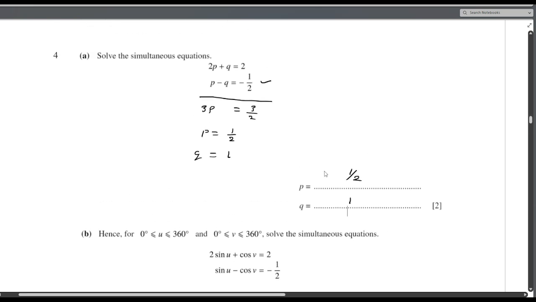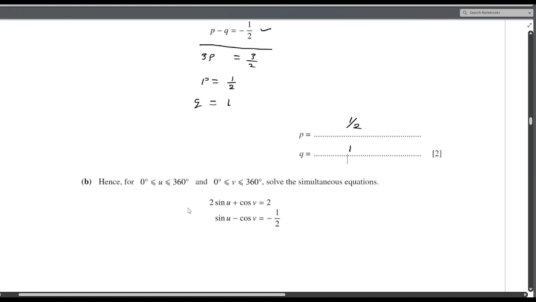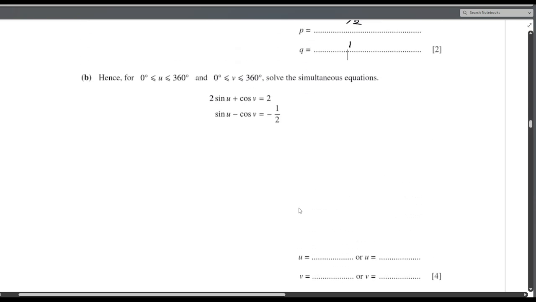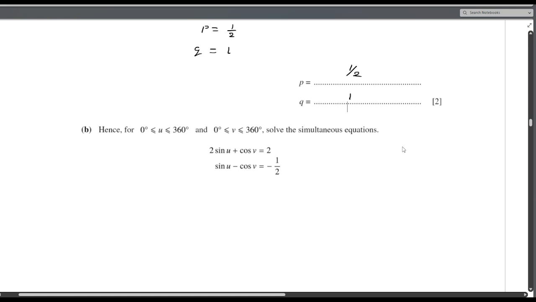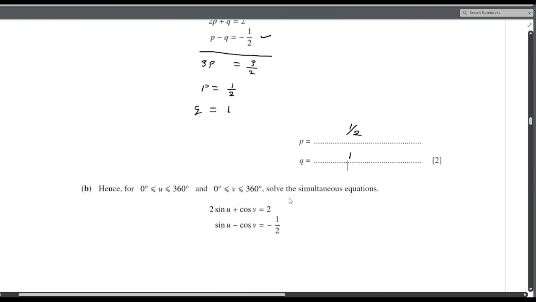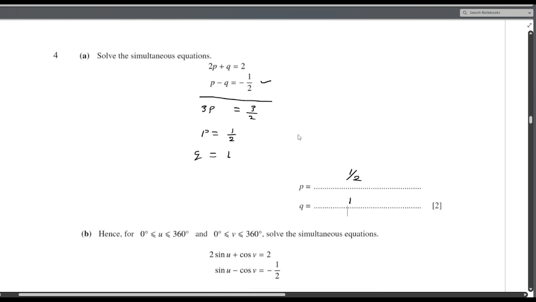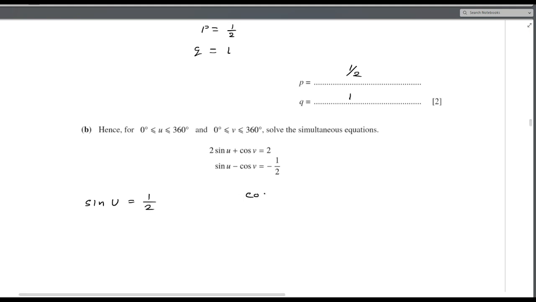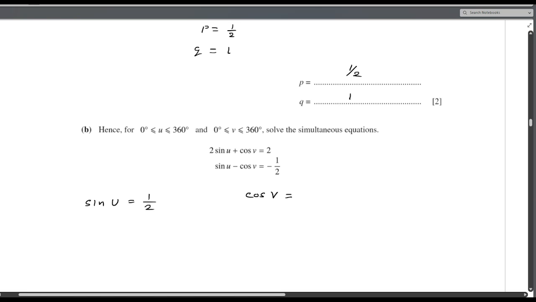Now using these two equations, I have to find out the values of u and v. Angles I have to find out. The equations are the same here, only in place of p and q we have sine u and cos v. So I will say that sine of u will be equal to half and cos of v will be equal to 1.